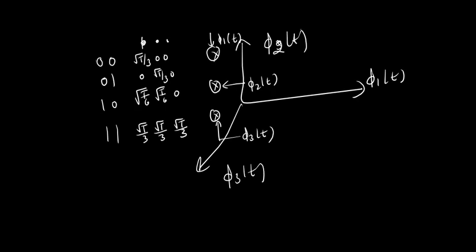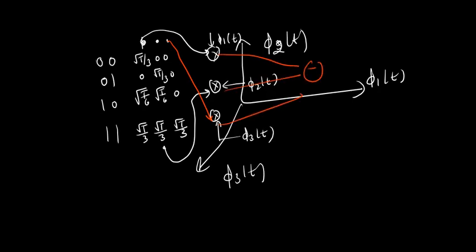Now this is your first, this will be your second, and this you have to multiply, sum it and send it. Correct?